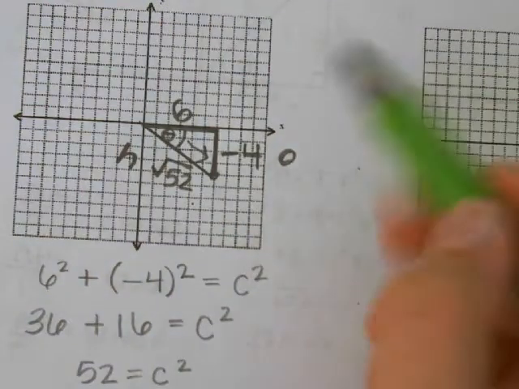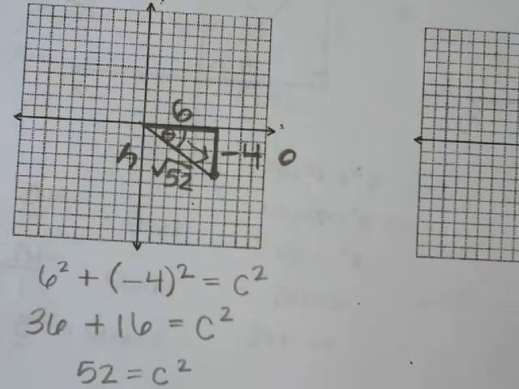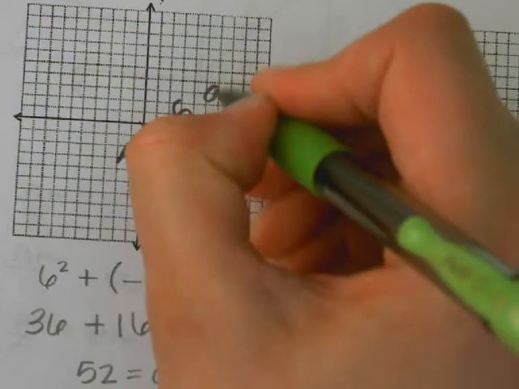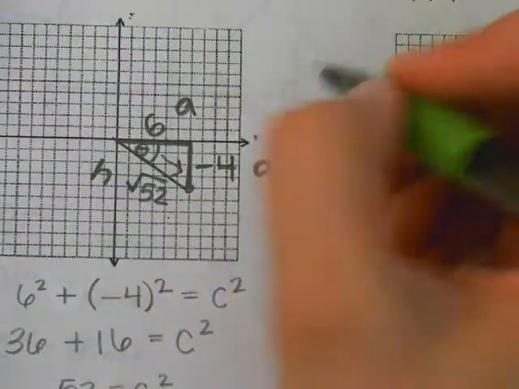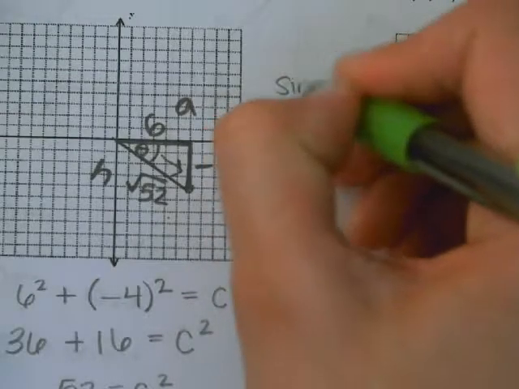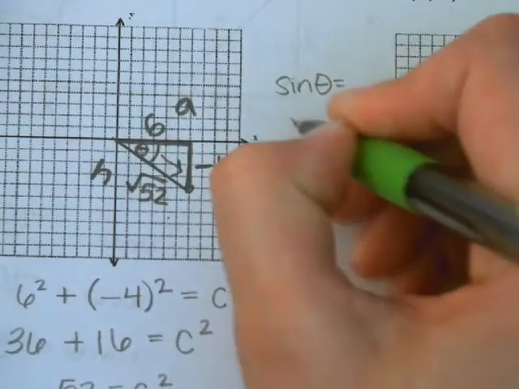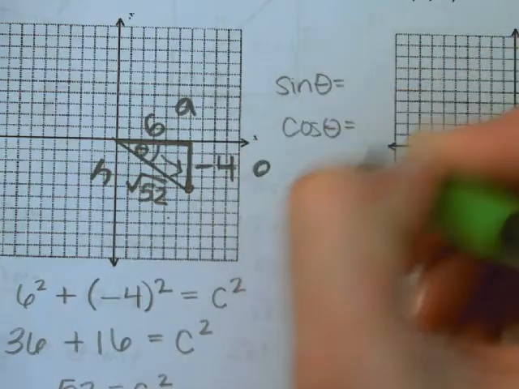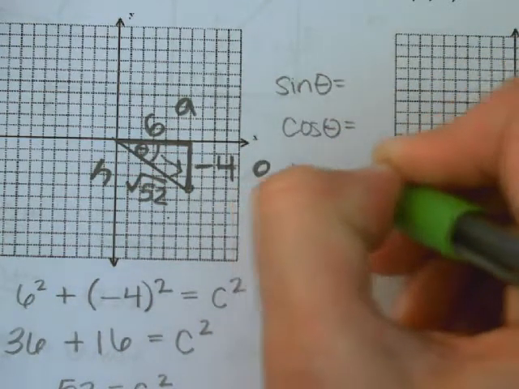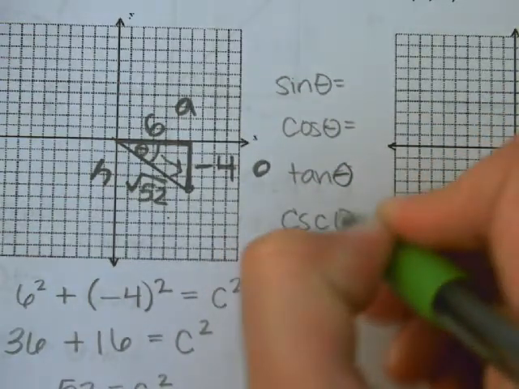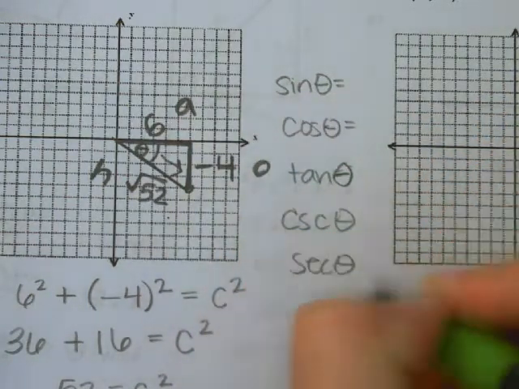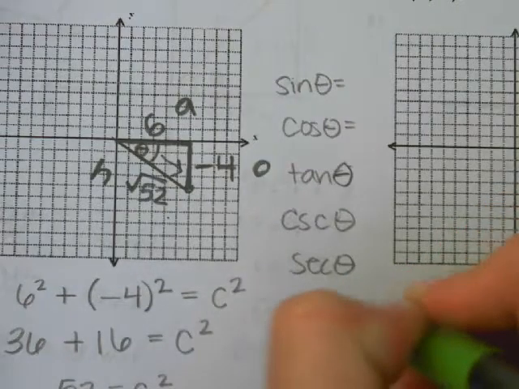And then which side is adjacent? 6. So there's our adjacent. Okay. So now we can go ahead and find sine of theta, cosine of theta, tan of theta, cosecant of theta, secant of theta, cotangent of theta.